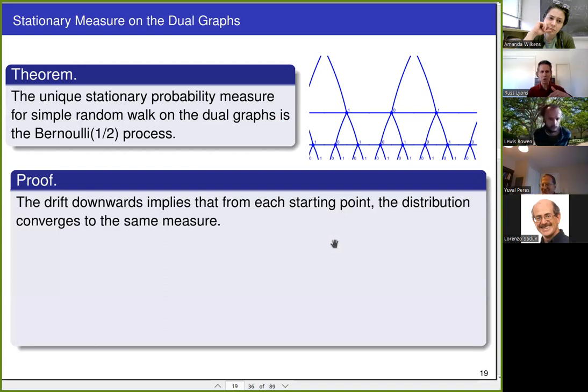Well, the drift downwards implies that no matter what graph you start at, no matter where you start, the distribution as a rooted graph, remember the root is going with you downwards, converges to the same measure. Why? Remember, below any point is always the same graph in every graph at every root. Since it's going down, whatever there was above that was unknown goes away to infinity. So there's only one possible limit.